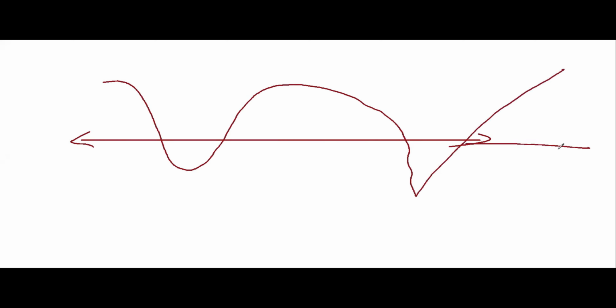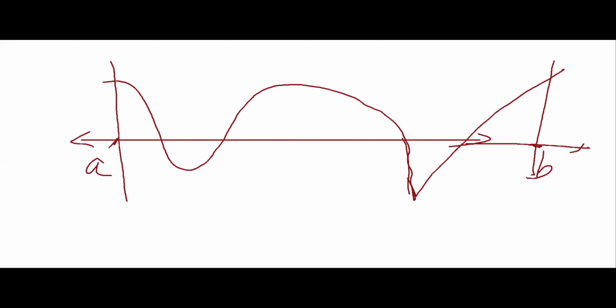Okay, so whenever you have a curve like this, and then suddenly your curve is changing like this, and you have to find the area from this limit A to this limit B, how are you going to find it?